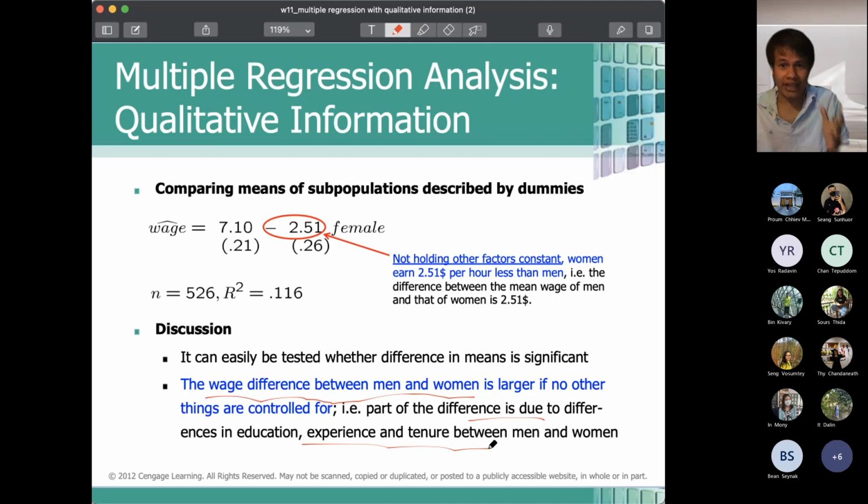So what I'm trying to say here is, if you want to test the hypothesis of whether there is discrimination against women, you need to do a lot of work, right? You need to do a lot of work on this. Economists look at data and try to prove based on evidence, based on data.